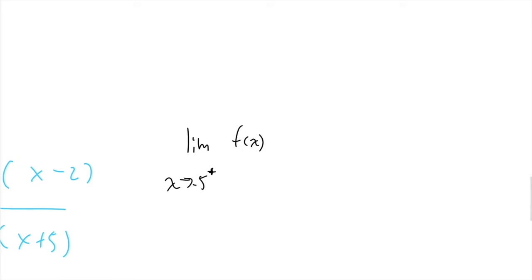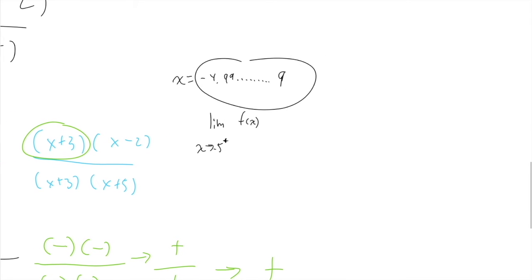And this time, I'm going to use the closest we can get. x is equal to negative 4.999. So let's try and add these two together. Negative 4.999 plus 3. Well, that's going to be negative because negative 4.999 is just going to outweigh 3 when we add them together.